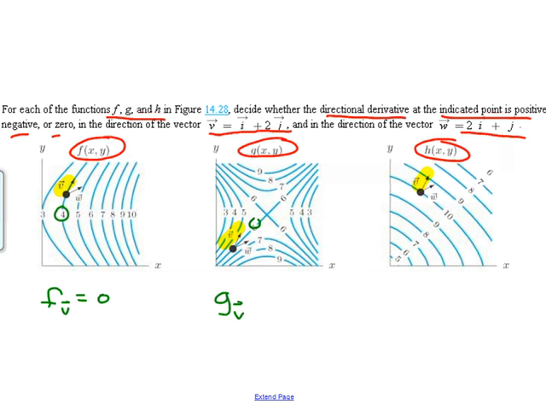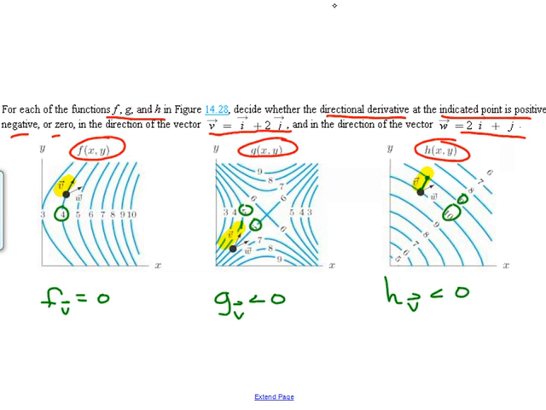We were at a 6 contour line, and now we're heading towards 5. So it's decreasing, so it's less than 0. And in the next case, the change in h in the v direction, we're going from 10 toward 9, also negative.